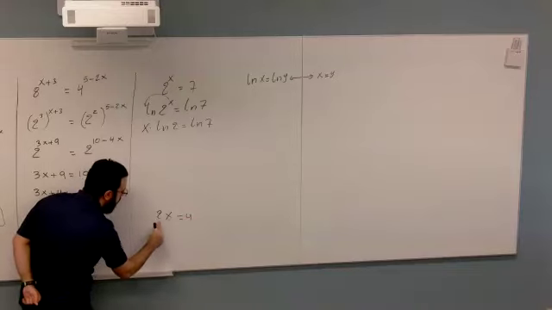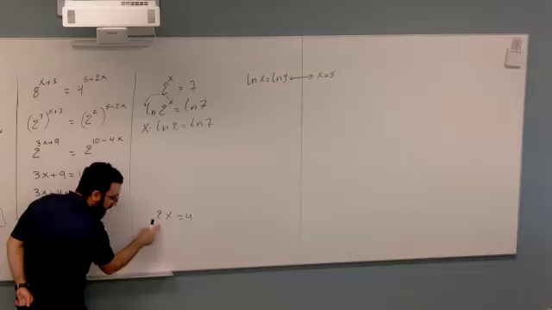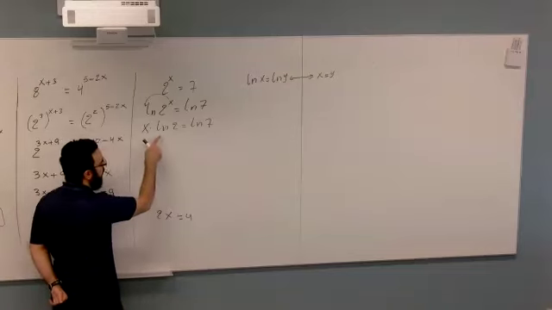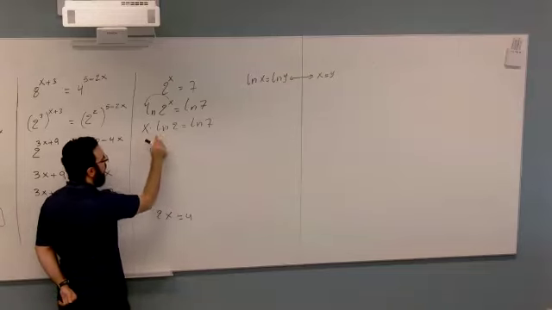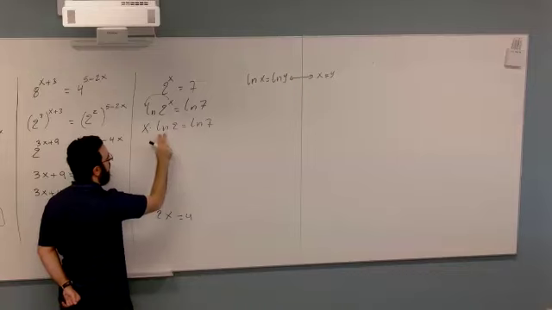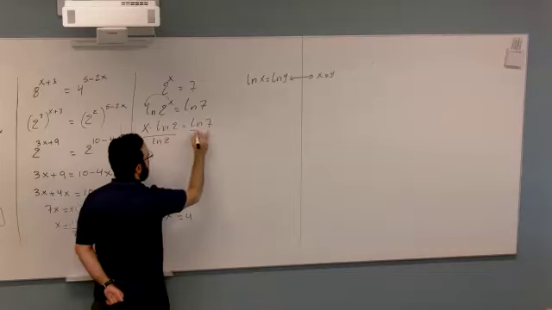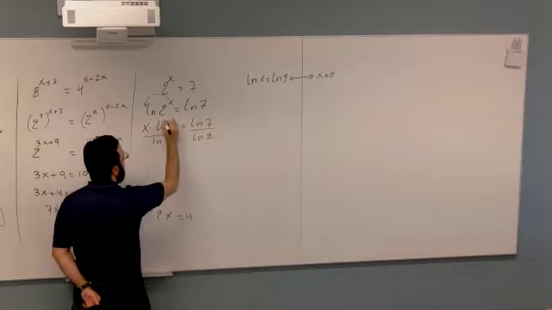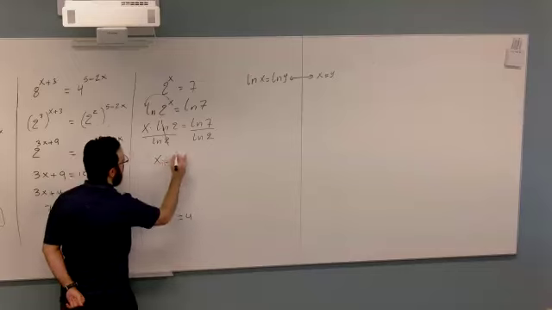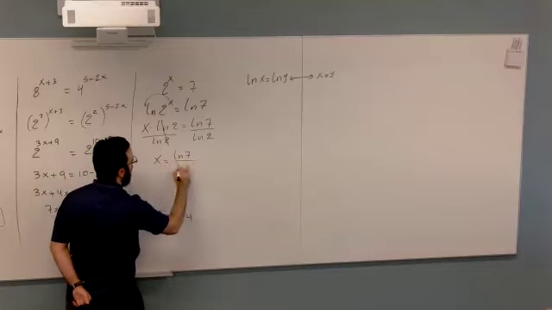What am I going to do? Divide by 2, right? Same thing here. I need to keep the x here. I'm going to divide by what? So divide both sides by ln 2. This is 1, so x is going to be what? Ln 7 over ln 2.